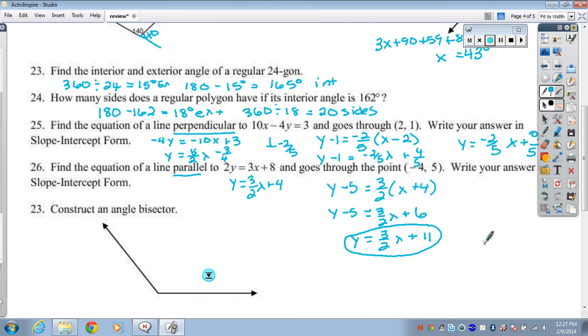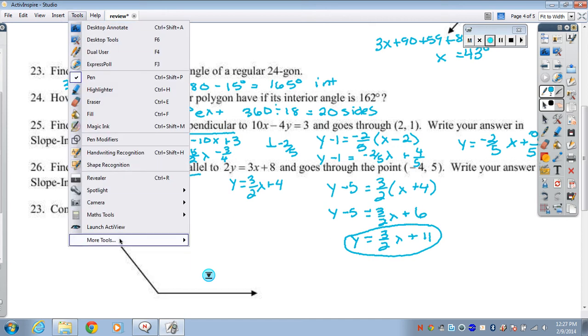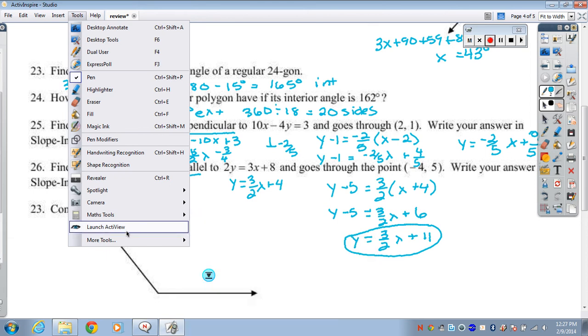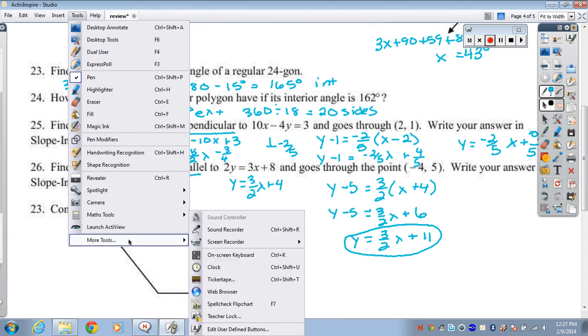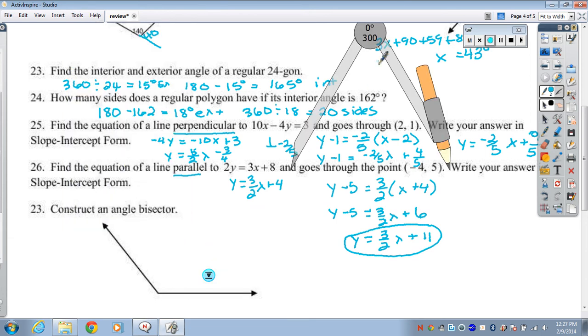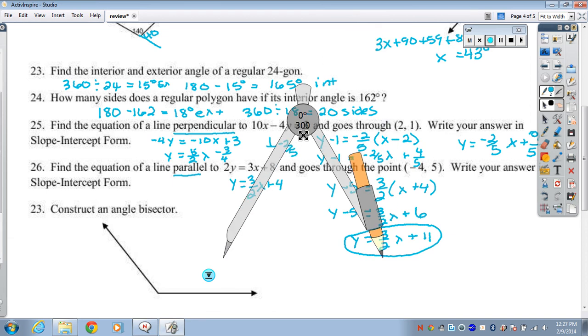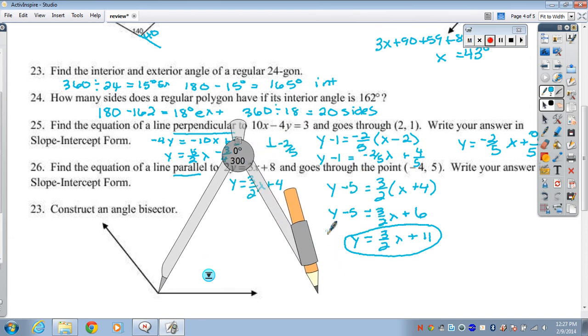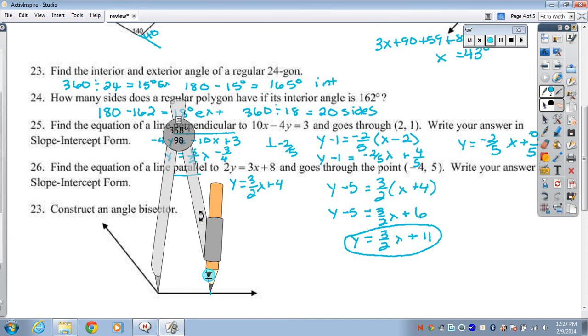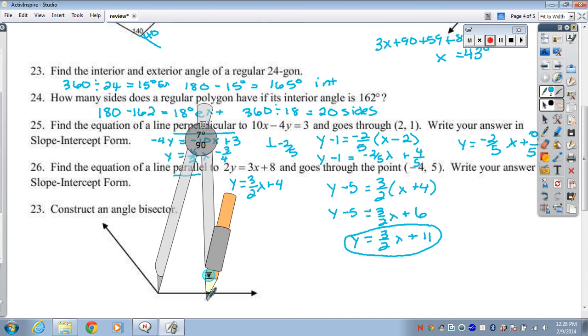Okay, construct an angle bisector. So first thing you're going to do, we're going to draw an arc.